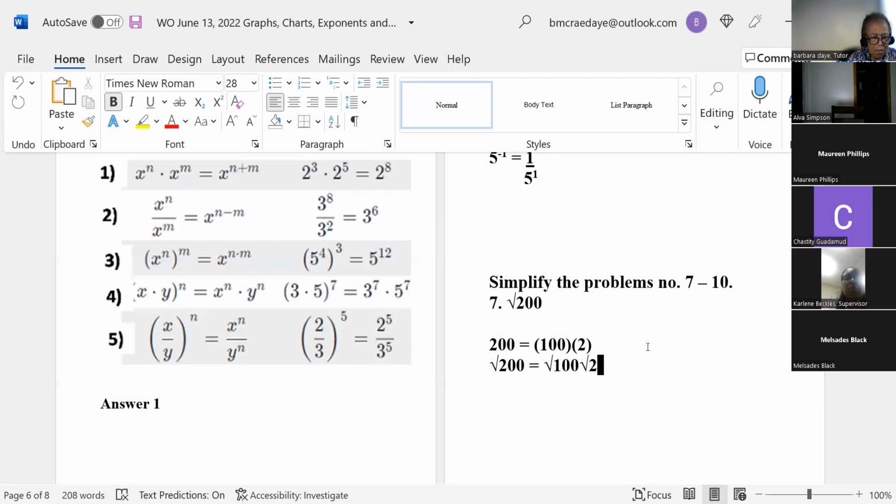But if you put, okay, let me just go back up here. 200, you said that's equal to 10 and you said 20. That's what you're saying? Yes, miss. But neither one of these numbers has a perfect square root.